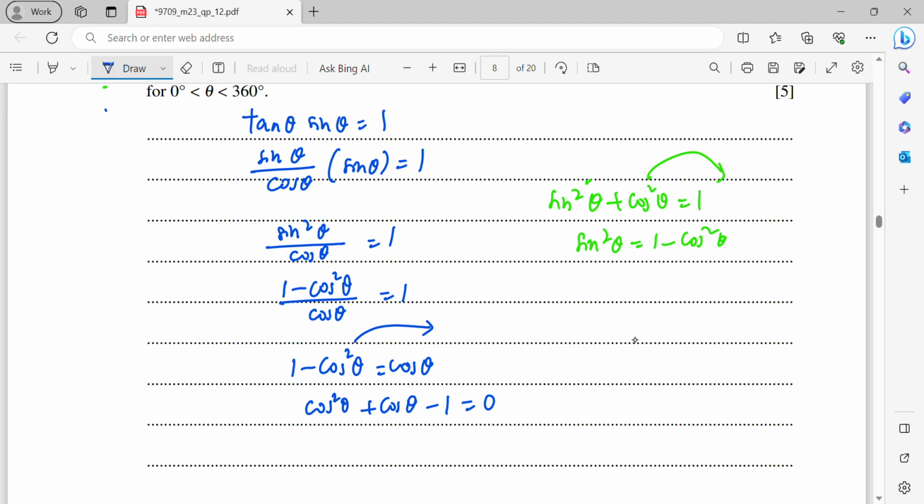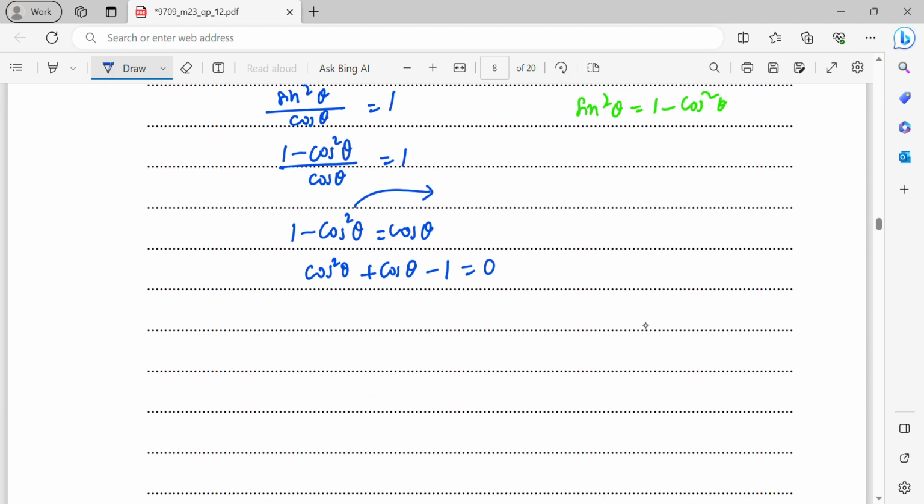From here, I am not able to factorize this quadratic equation. This is the quadratic equation in terms of cos theta, and I'm not able to factorize this. Therefore, I'm going to use the quadratic formula. Before the quadratic formula, let me write down the coefficients first. The a is the coefficient of the squared term, which is 1.